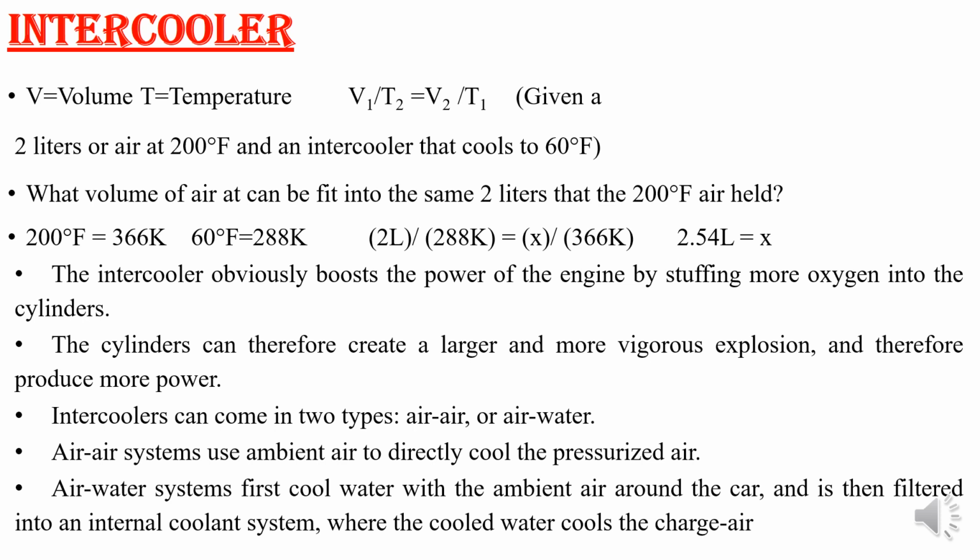The instant or near instant spooling of the secondary unit compensates for the lag while the larger one builds up pressure, minimizing or eliminating it completely. So this is how you can avoid turbocharger lag. Okay, so this completes supercharger and turbocharger.